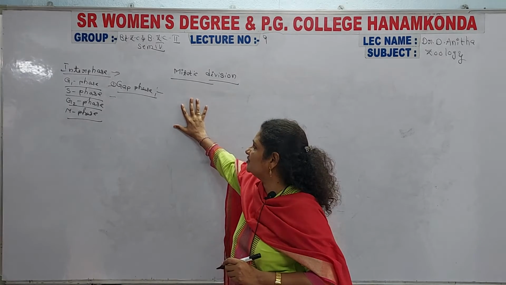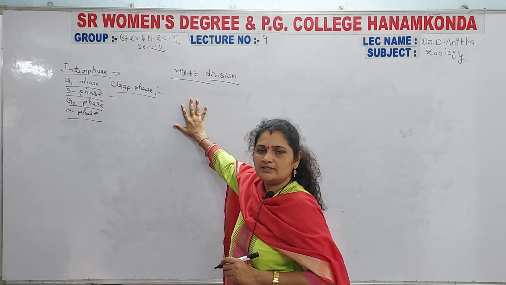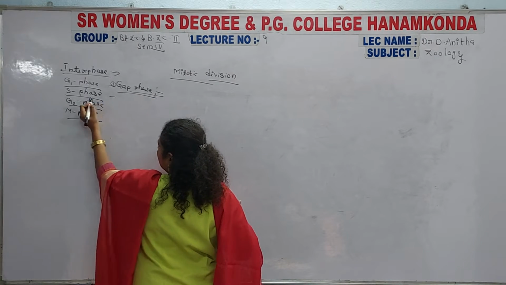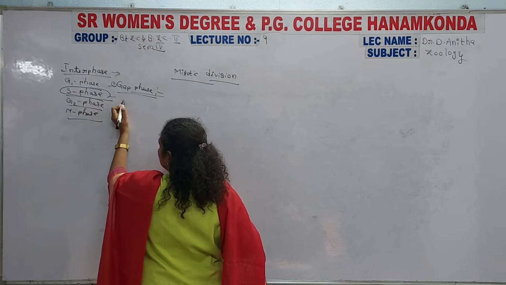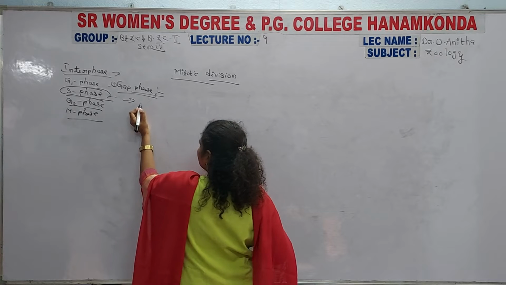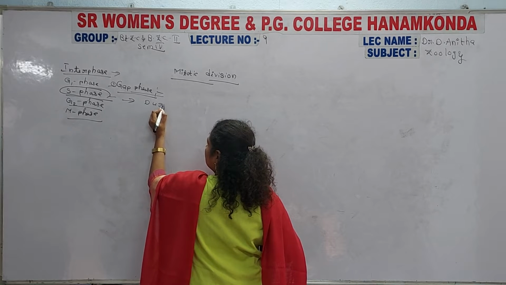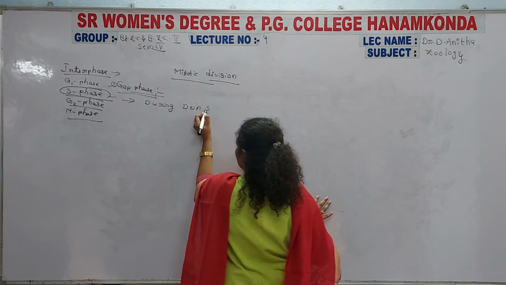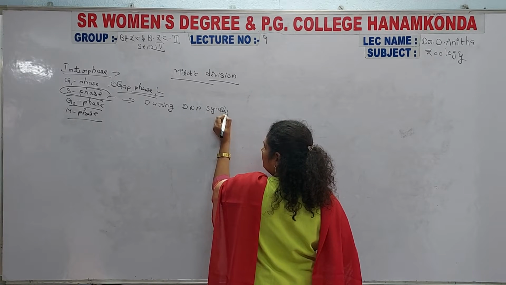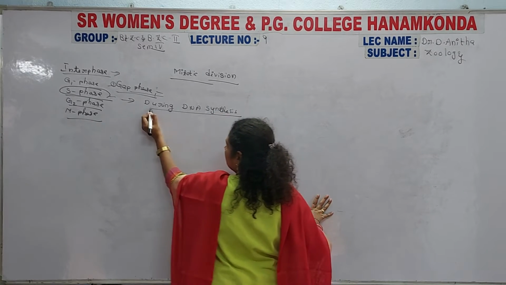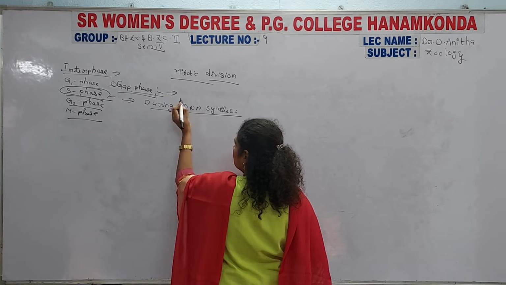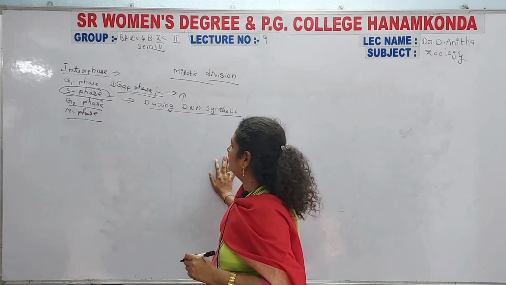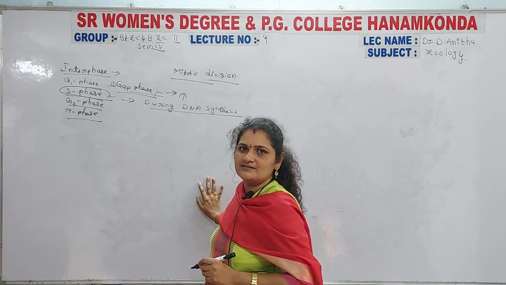After completion of the gap phase, that is the G1 phase, it can take some more time, and then the S phase starts. The S phase mainly takes place during DNA synthesis. So G1 phase is before commencement of DNA synthesis, and S phase is during DNA synthesis.